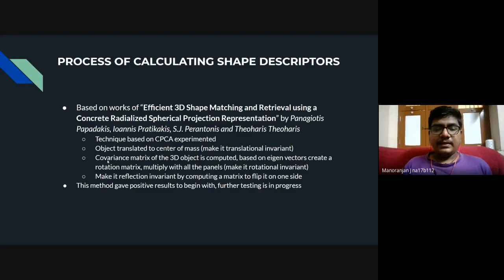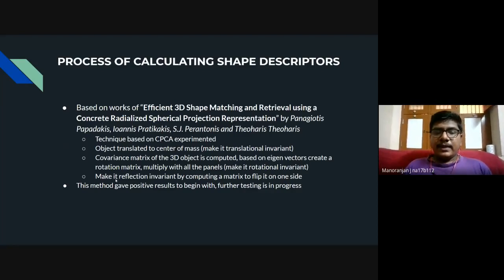We then compute the covariance matrix of the 3D object. They gave the formulas for all this in the paper. Based on that covariance matrix, we compute the eigenvectors, and we use them as a rotation matrix to multiply with all the points.